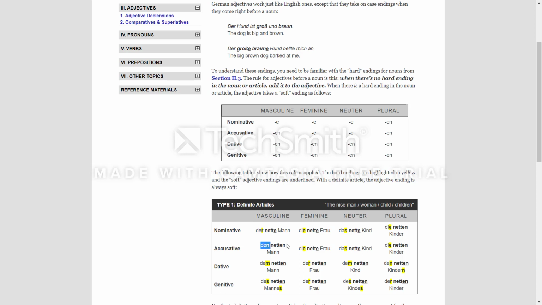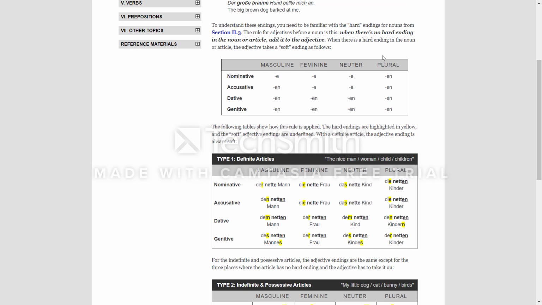Here also, there's no need, it's made explicit. So what do we use? Accusative masculine, we use en, no need to deviate. In fact, there's no need to deviate for any of these spellings.